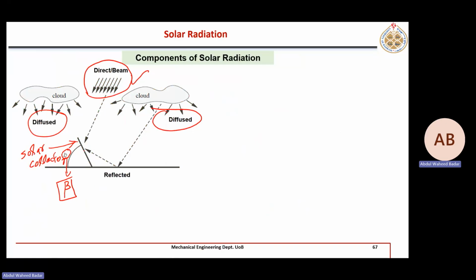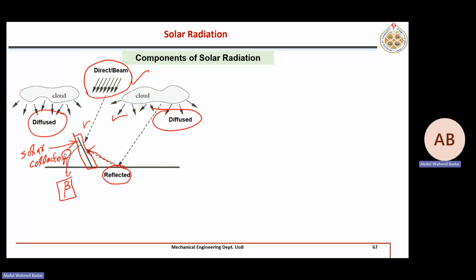So this surface is intercepting not only direct but also diffuse radiation, and also some part is reflected from the ground. Some part of this direct or diffuse radiation strikes the ground surface and finally gets reflected and incident on that solar collector.